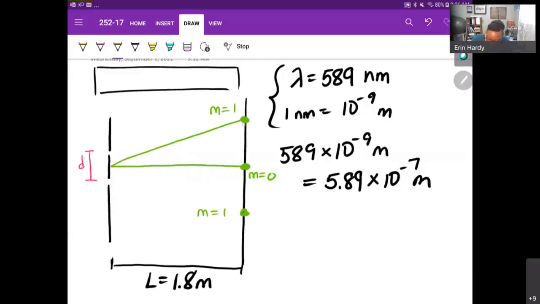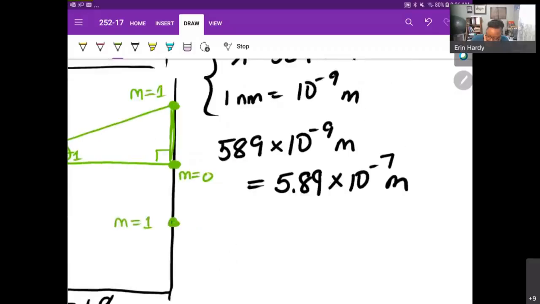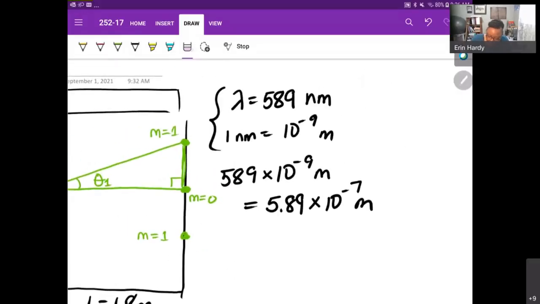So we have this right triangle in green. This angle would be theta 1. So we can use what we know about the physical separation between m0 and m1.